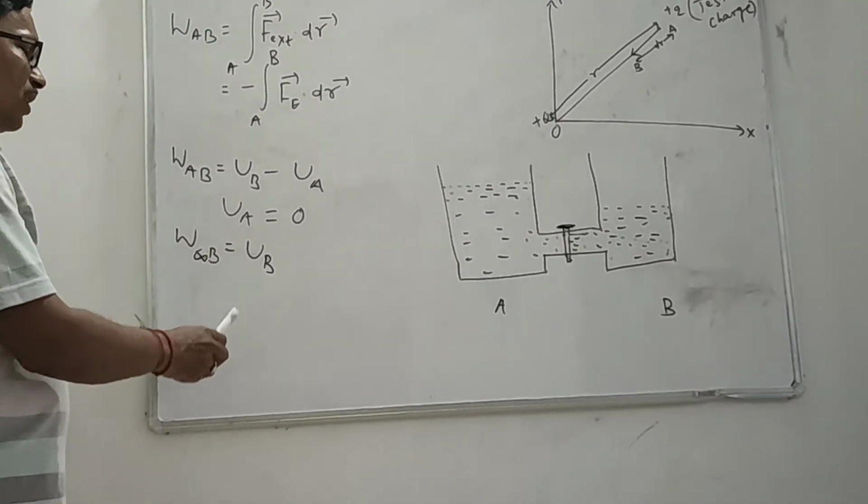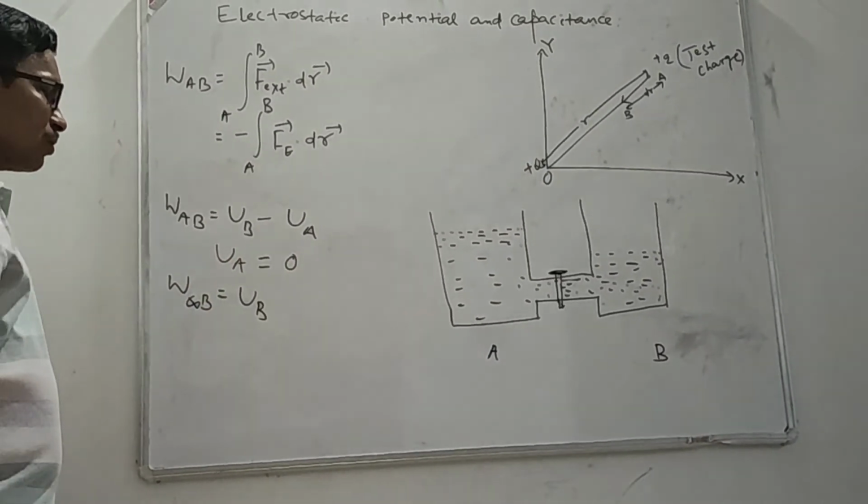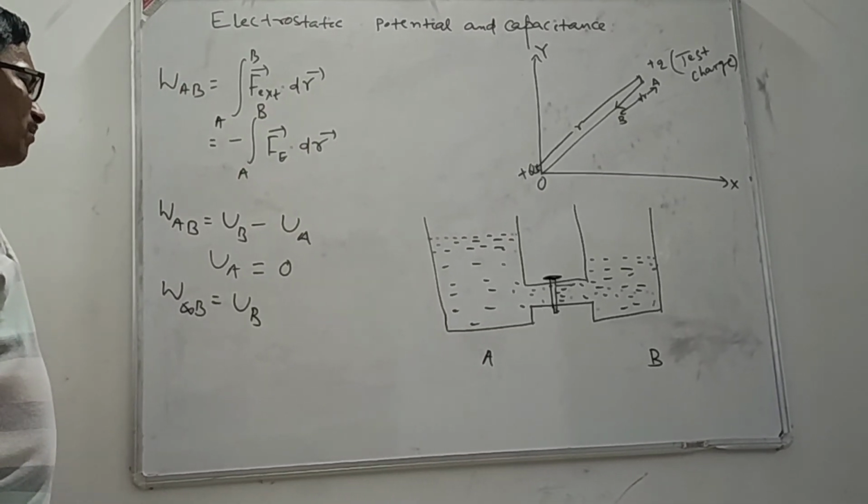So W infinity B is equal to U_B, because U_A is equal to 0.